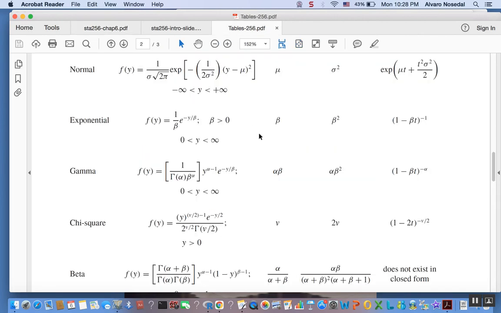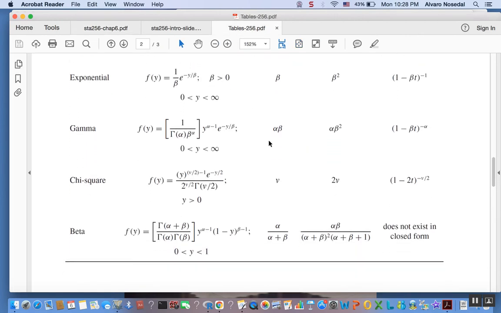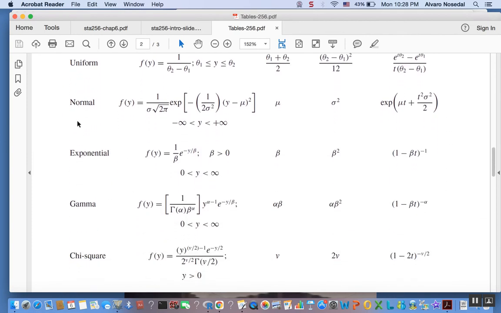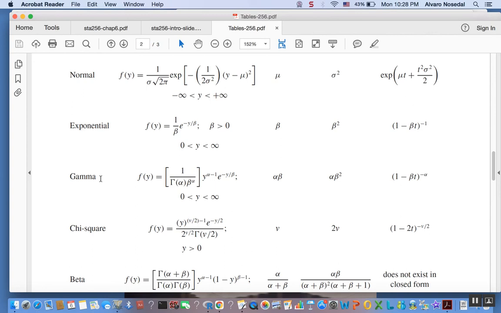Okay? So now, let me show you our table. You can find it on page 838 of our textbook, right? And the expression for a gamma, right? The PDF of a gamma is some nasty looking constant, right? 1 over the gamma function evaluated at alpha times beta to the alpha power, the variable to the exponent alpha minus 1 e to the negative y, the variable, right, divided by beta.